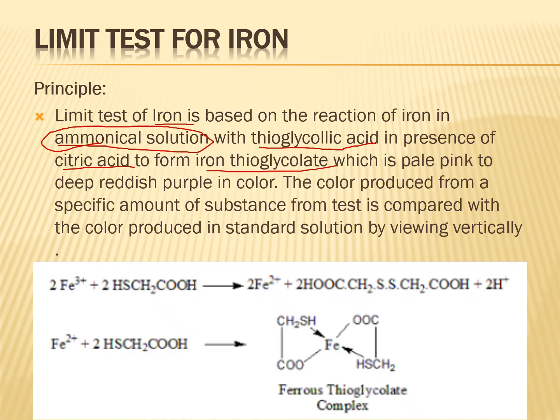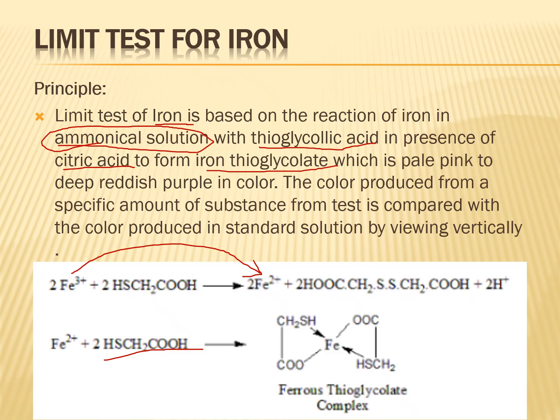So please look at this reaction. Iron can exist in two forms, the ferric form as well as the ferrous form. So Fe3+, the ferric form, is converted into the ferrous form in the first reaction. This ferrous form of iron, Fe2+, reacts with two molecules of thioglycolic acid to form the ferrous thioglycolate complex, with Fe, the iron, at the center.